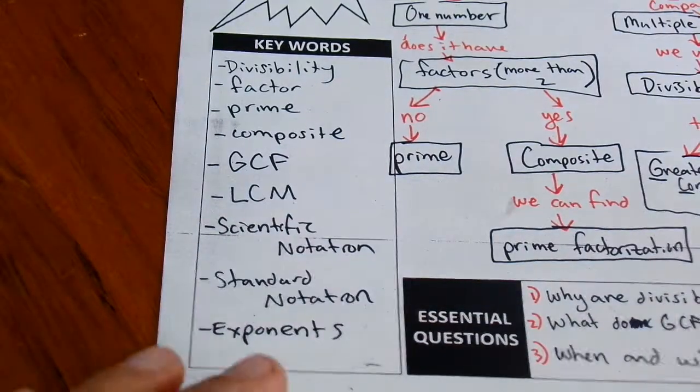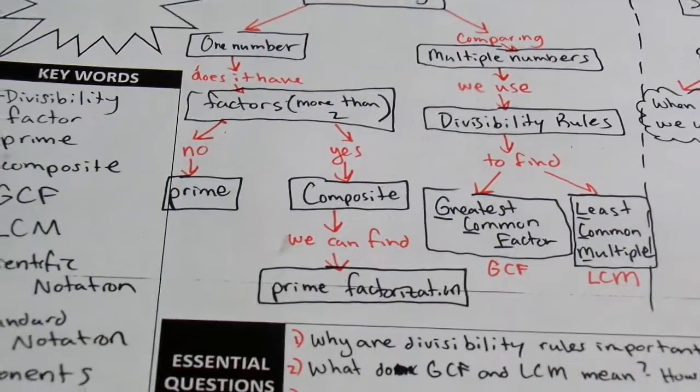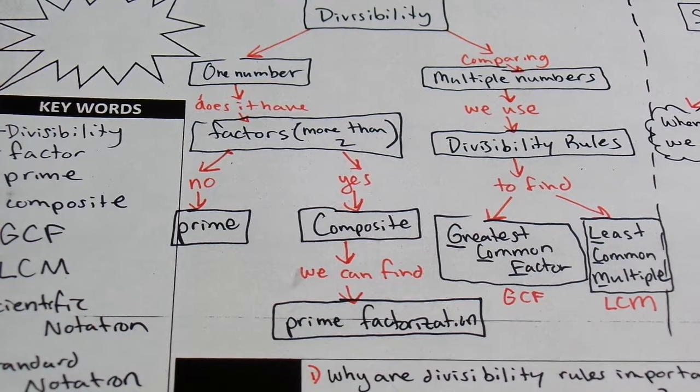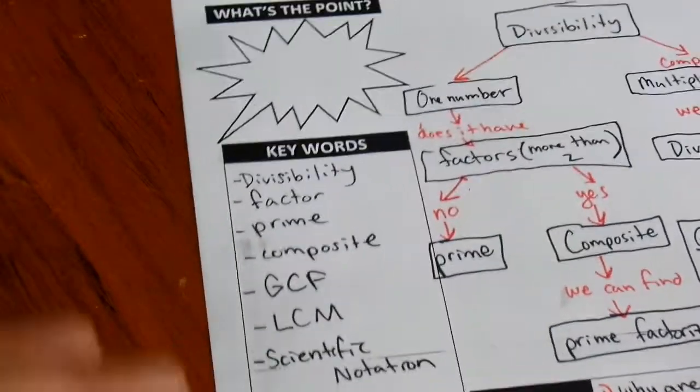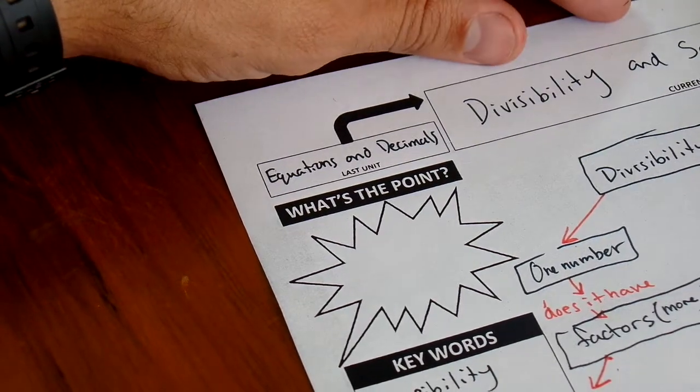Okay, now the idea of this map is not so you learn everything today, but so that when you learn it, you know exactly where it's connected in the unit. Okay? And what is the point of this entire lesson?